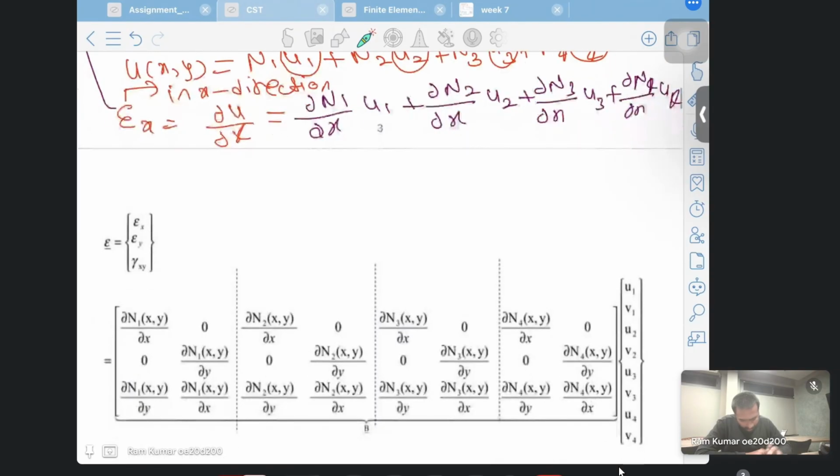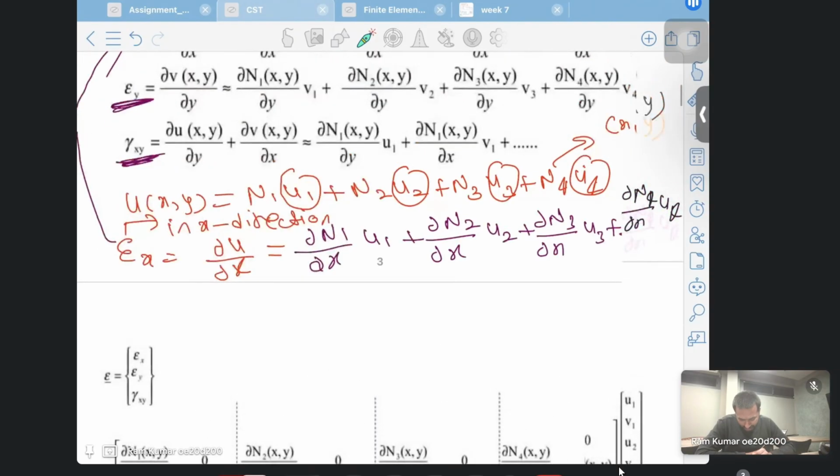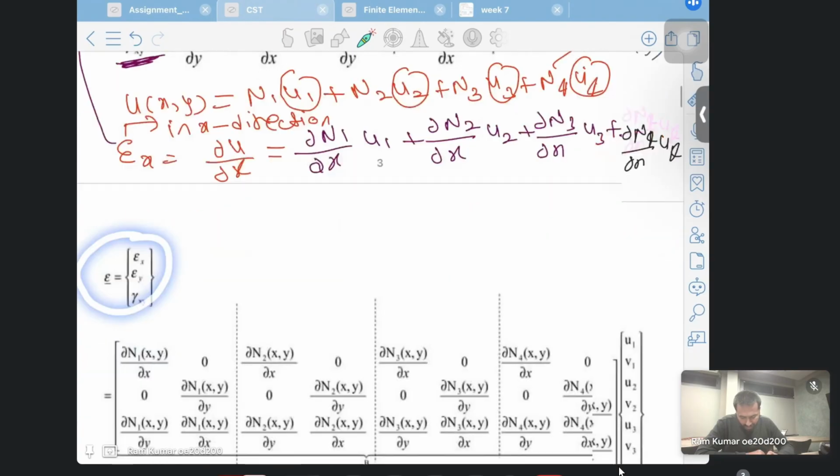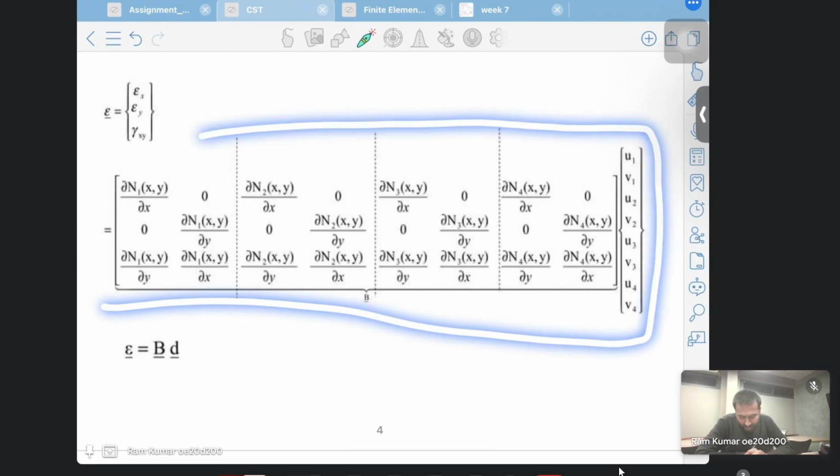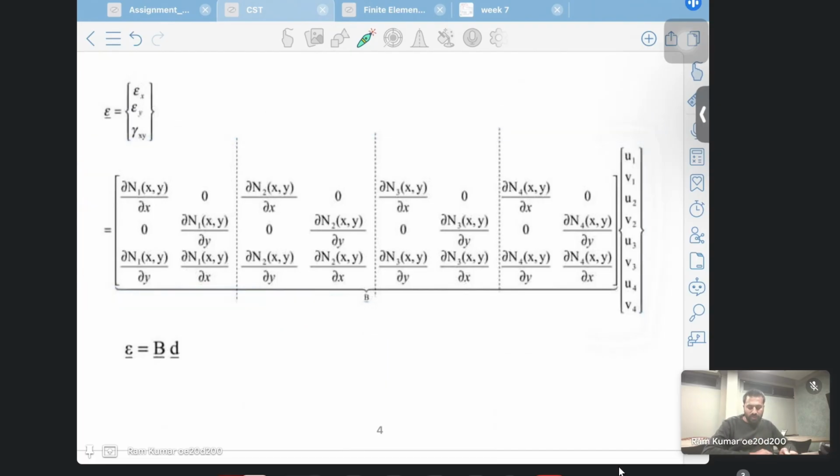After writing in vector form, what you will get is this big expression converted into matrix form: del n1 by del x, del n2 by del x, del n3 by del x, del n4 by del x. Similarly for vertical strain and shear strain, and these are our nodal displacement.